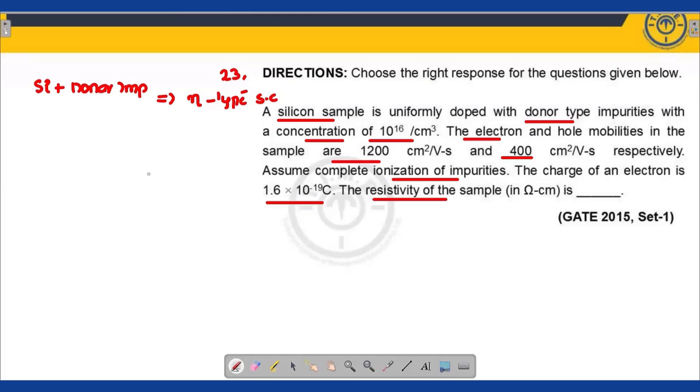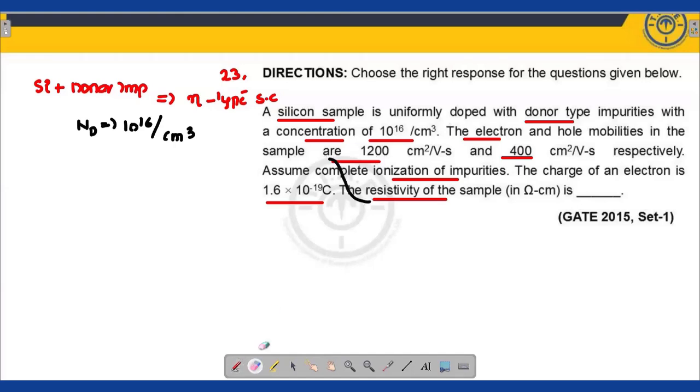Very, very important here: whatever the ND value, he has only given this one, and the electron mobility and hole mobilities he has only given. This is the ND value.